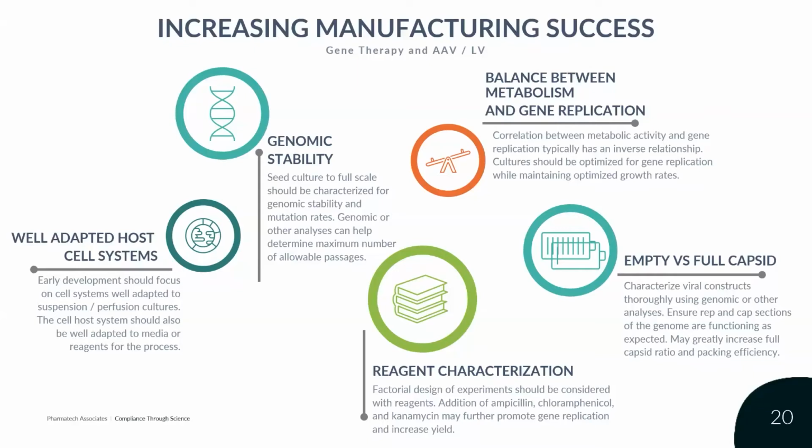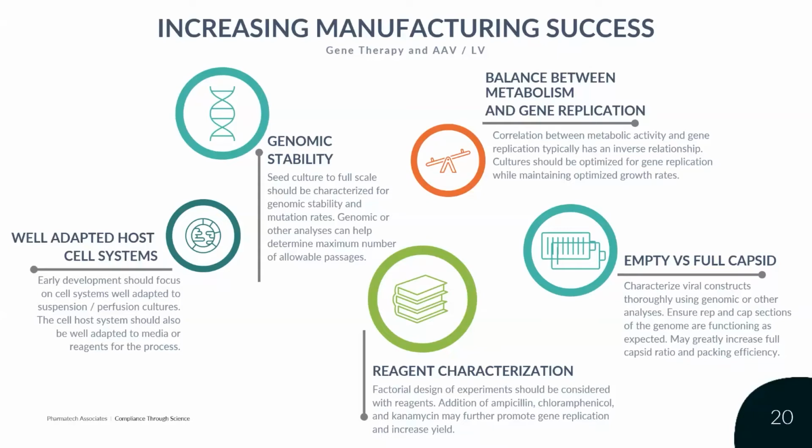And if early development is not focused on well-adapted cell systems, you can have these issues that become hard to explain, where the cells might be going through a lag phase when they should be going through a growth phase. And that might be due to a host of factors, one of which could be genomic stability. Compared to the 90s and now, genomic characterization, especially of cell systems that are bacterial in nature at least, can be pretty big in determining how stable that cell system is.